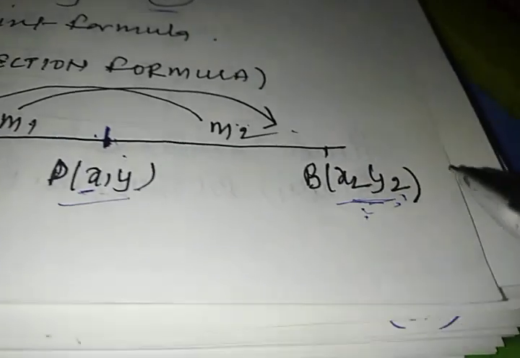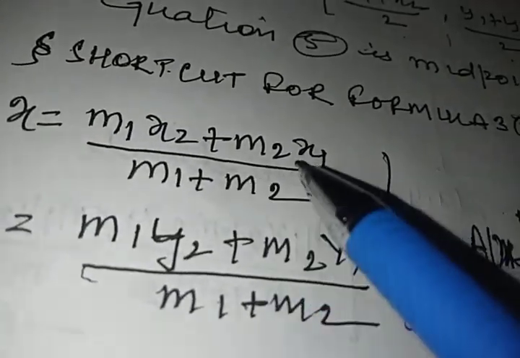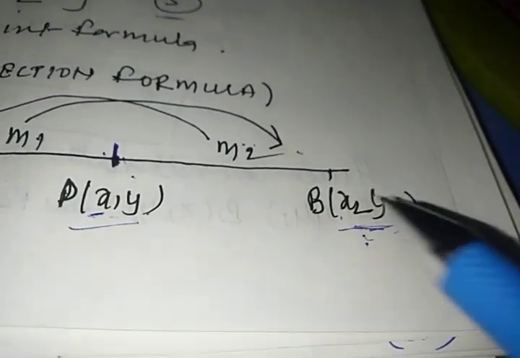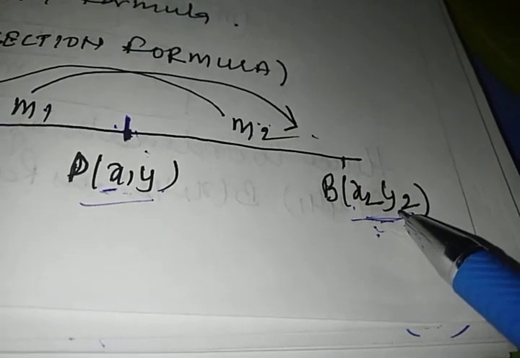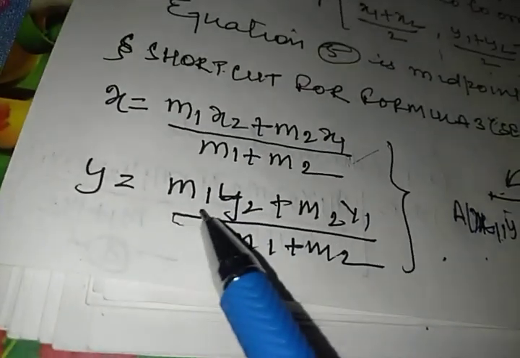So M1 X2 plus M2 X1, upon M1 plus M2. This is your first formula. Then if you want to find the Y coordinate, this M1 will be multiplied by Y here, so M1 Y2, then this M2 will be multiplied by Y here, M2 Y1. So this becomes (M1 Y2 plus M2 Y1) upon (M1 plus M2).